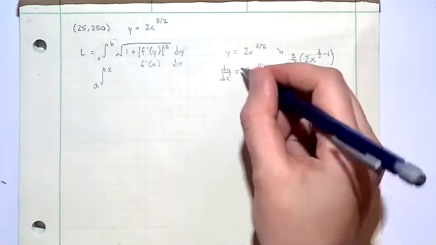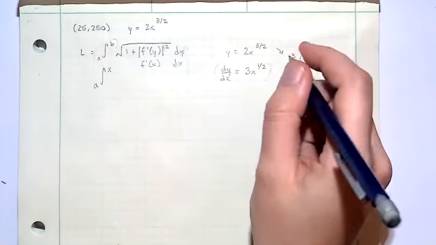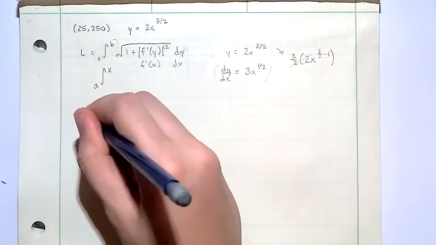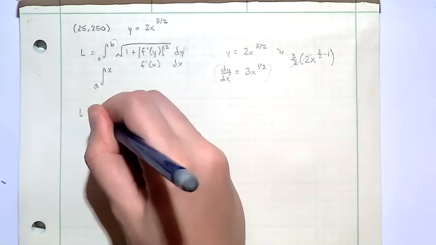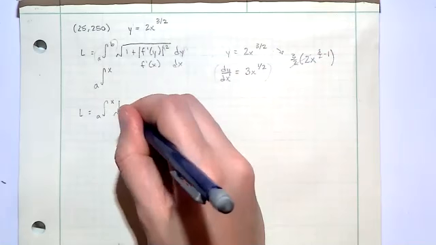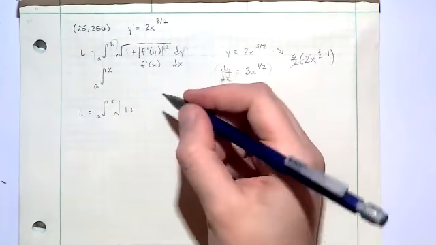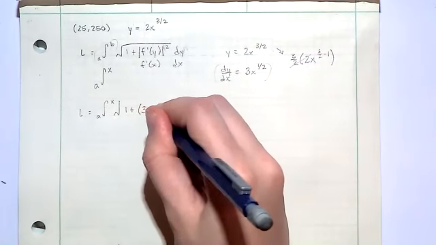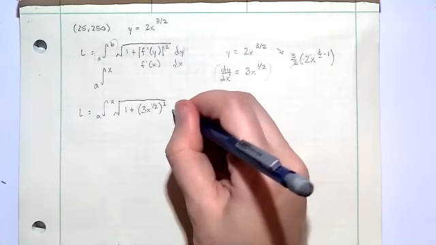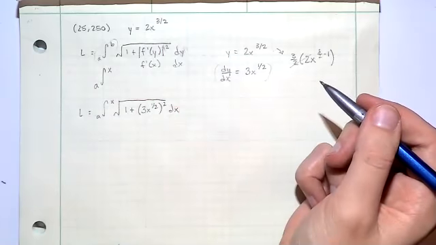So now that we have this, we can go ahead and plug it in so that we have L is equal to the integral from A to X of the square root of 1 plus 3x to the 1 half squared dx.